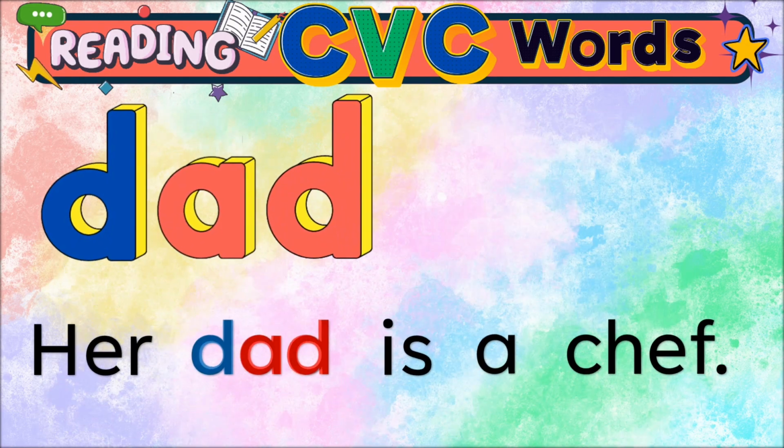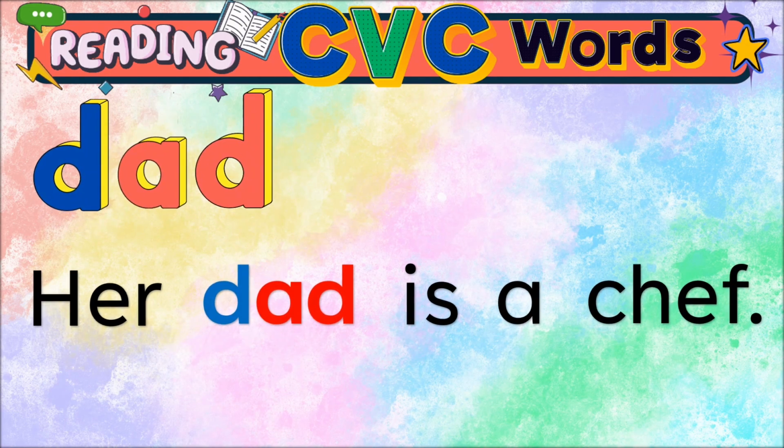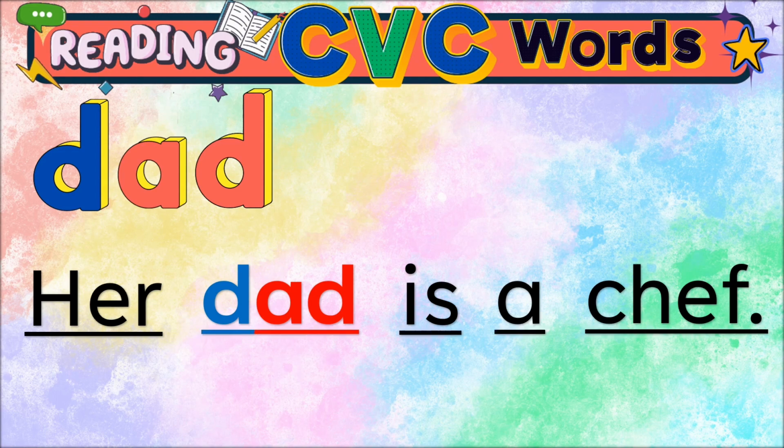This time, we're going to read the sentence with this word. I'll do it first. Her dad is a chef. Again, her dad is a chef. The whole sentence is: Her dad is a chef.